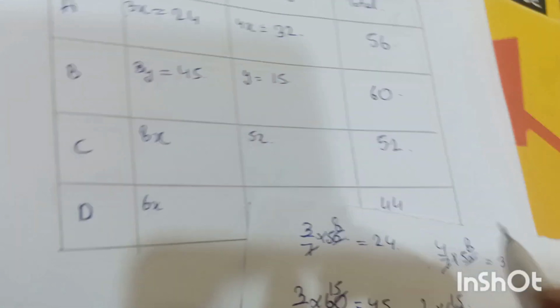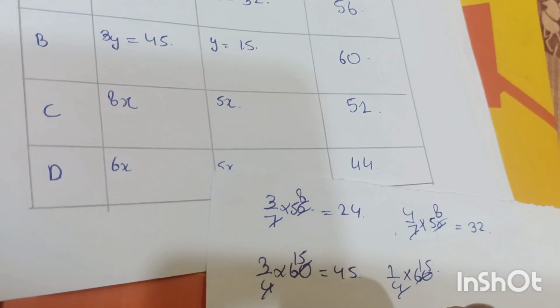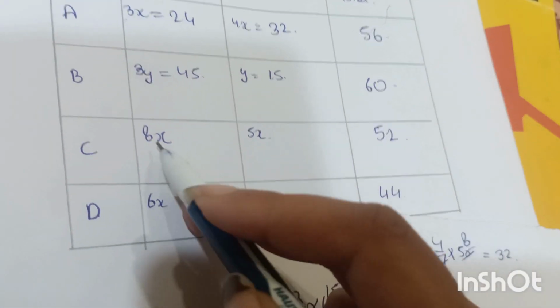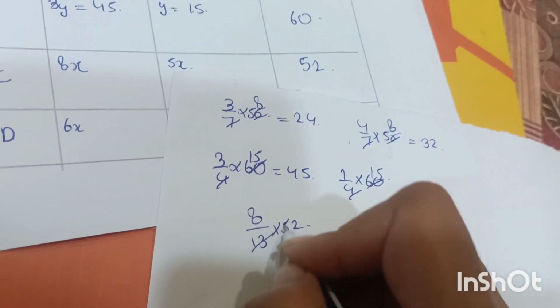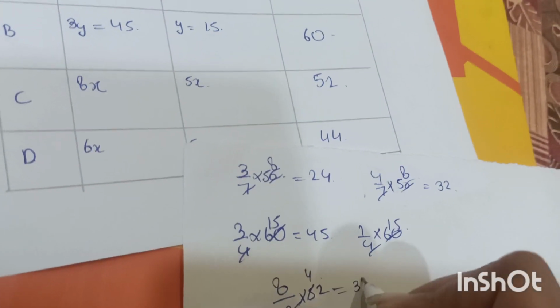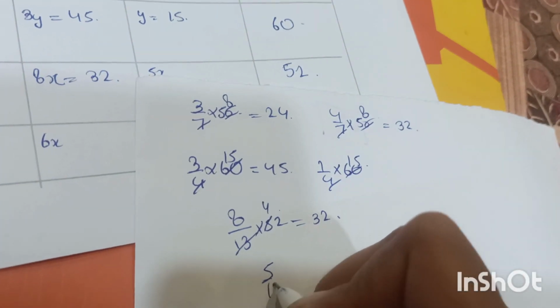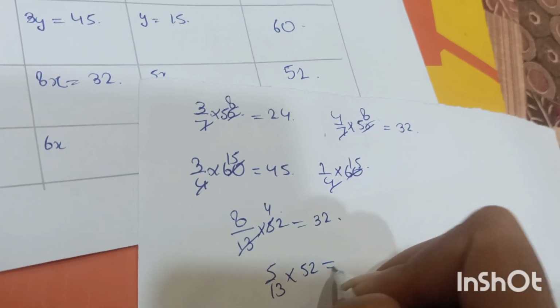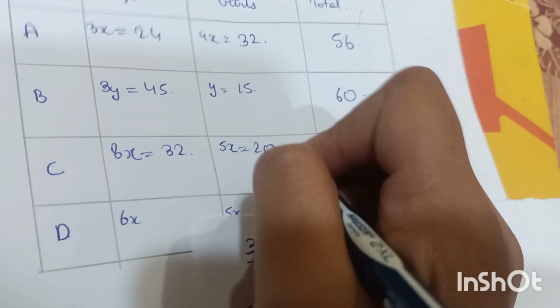Now for this, 8 upon 13 into 52. 8 plus 5 is 13. So you'll get the value 32. Then 5 upon 13 into 52 gives you 20.